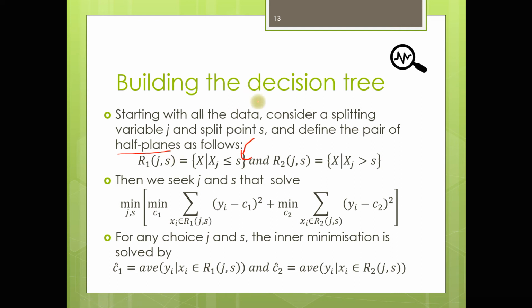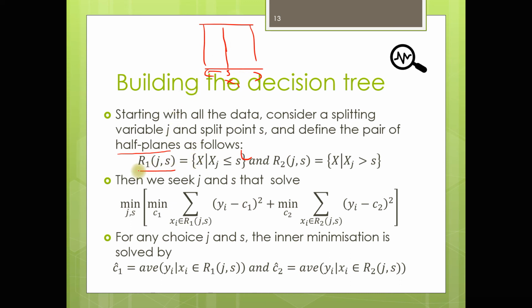We are going to define a pair of half planes where R1JS represents the left side of the plane. Let's suppose I started by x1 to make things simple. Then it would mean that R1JS would be this region, and R2JS would be on this side, where this is s here.